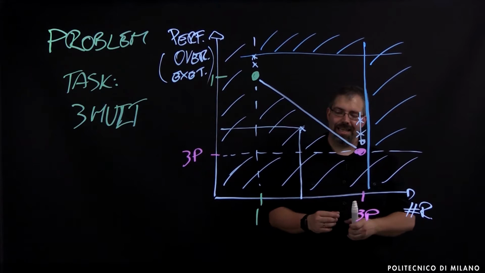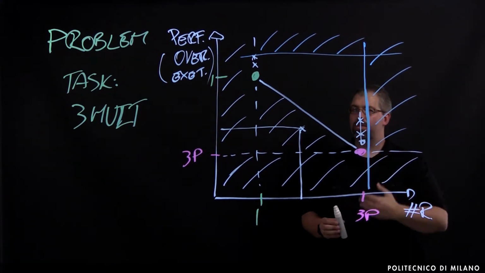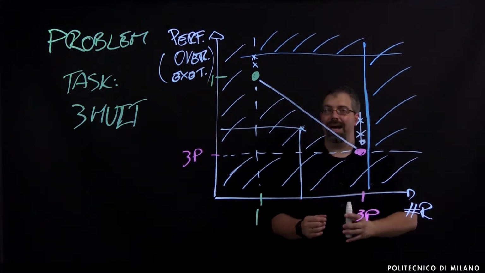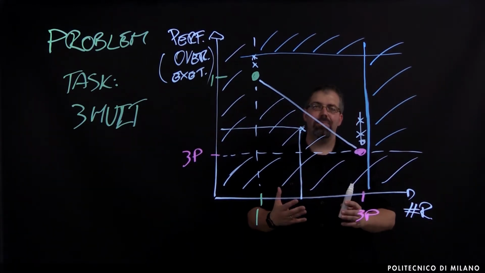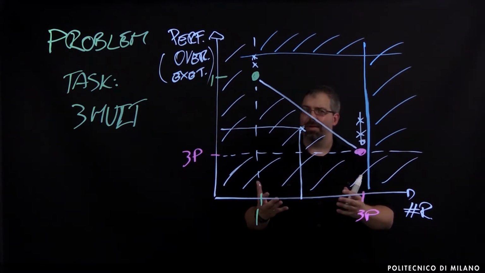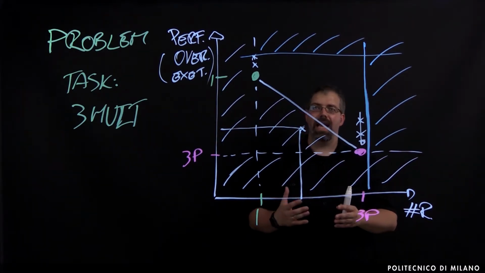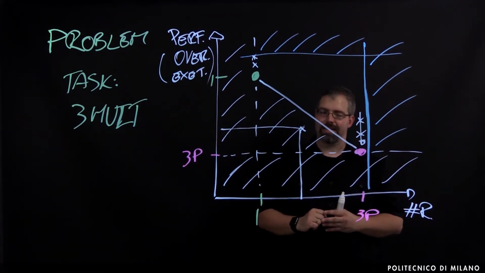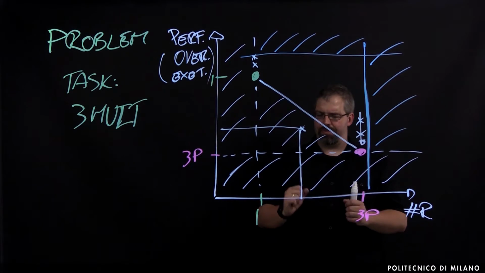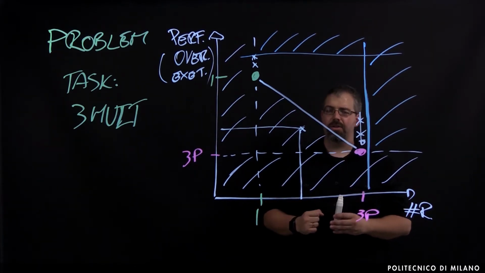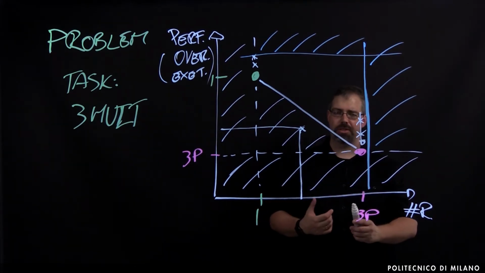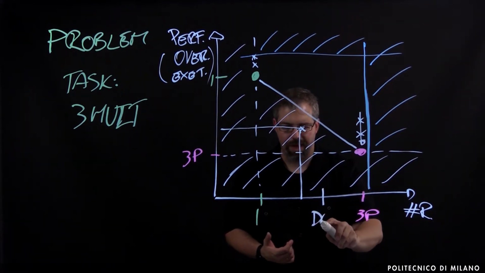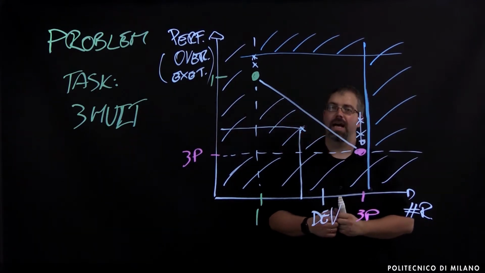Now, let's see what is going to happen if we add into this scenario the device, the FPGA. The FPGA has a fixed area, which means that a device has a fixed number of resources that can be used to implement a task. Now, what if our device is going to have a certain number of resources that is going to be here? So here we have the device resources available.